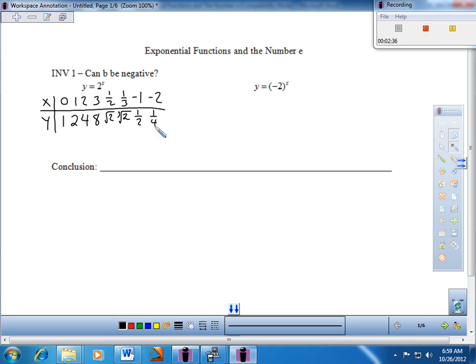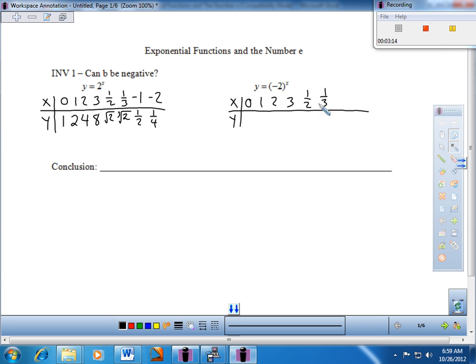Now, if we come over here and we look at pretty much the same situation, what tends to happen when we do a negative 2 raised to those powers? So not the opposite of 2 to the x, but literally what if that base is negative 2? And so I'm going to do the same thing and just take a look at would it fit on some type of coherent pattern here. It looks like I'll probably just stop here as a matter of fact, just because I think we can draw the conclusion.